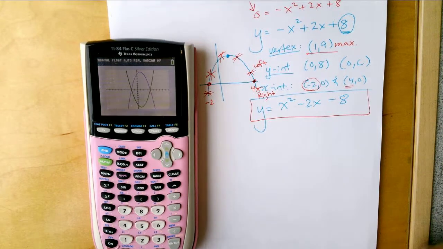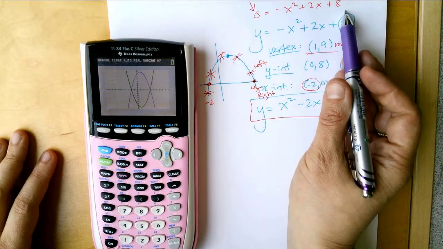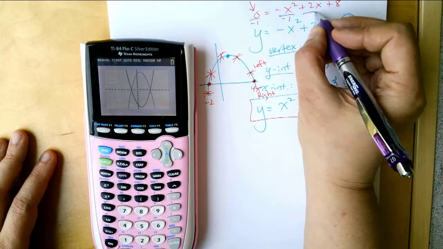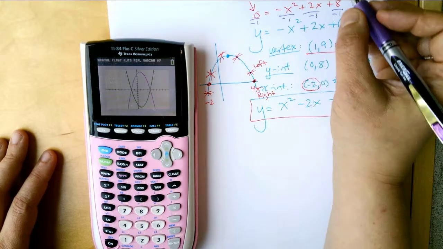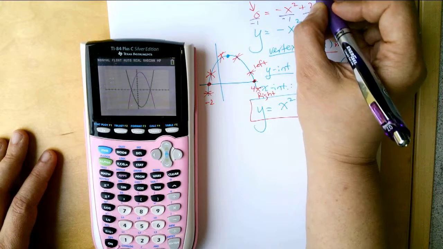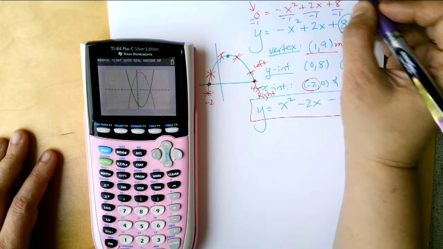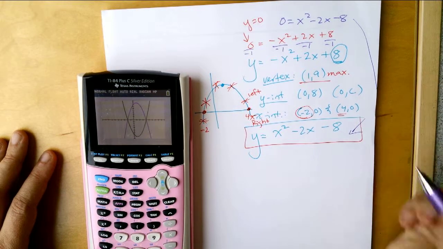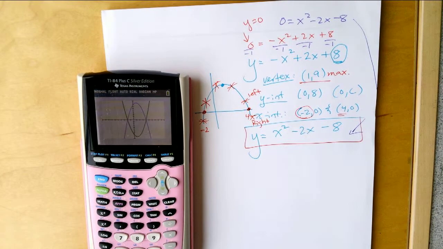And that's because if you set this equal to 0 and you factored, remember you would divide everything by -1 when you go to factor it, so you get 0 equals x squared minus 2x minus 8. So that ends up looking the same as this one. And that's the reason why they have the exact same x-intercepts.